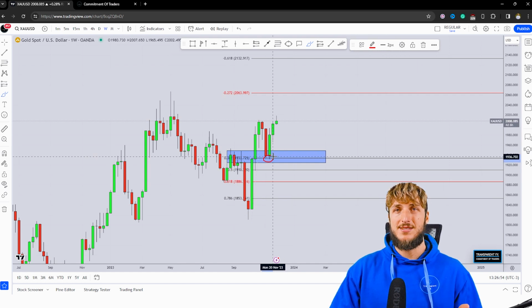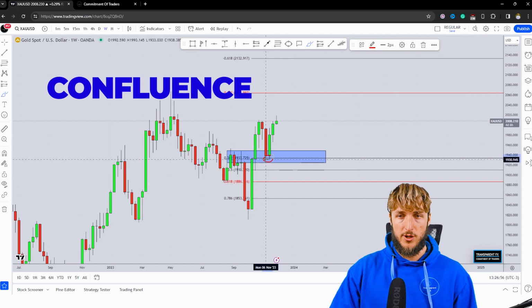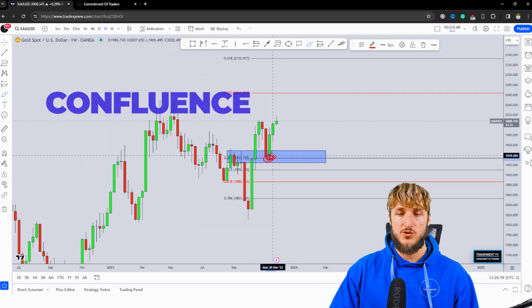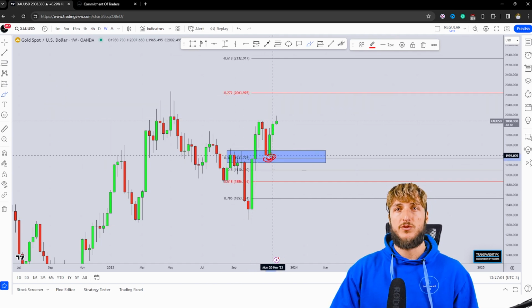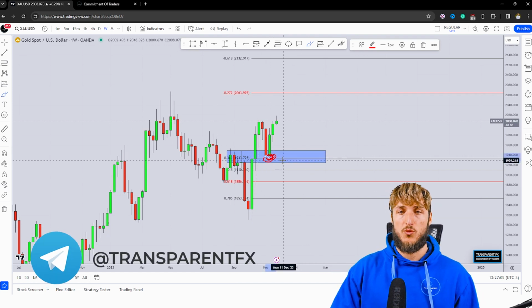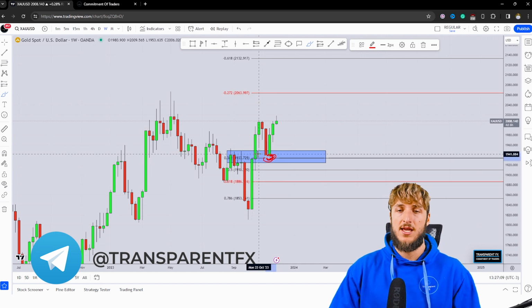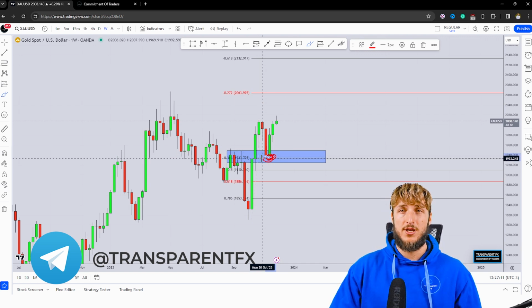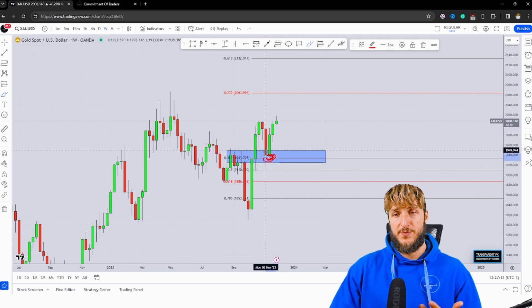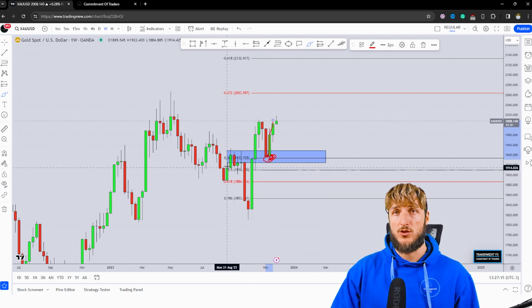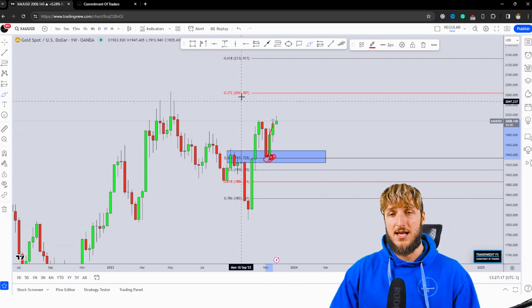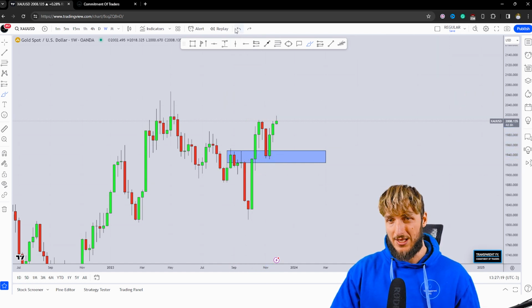Now, this means that actually we had confluence of support inside of this area because we had both the previous structure resistance turn support, this horizontal level, and also the 0.32 Fibonacci, both lining up in the same area of price. And when you have confluence of support, that is a quite strong level that you expect the market to test and to reject to the upside. And in fact, that is exactly what the market did also in this case.